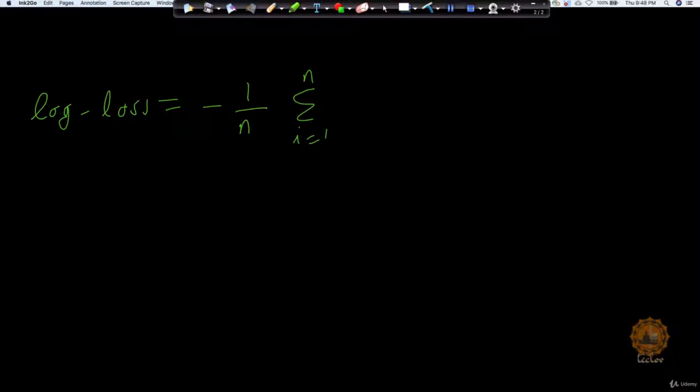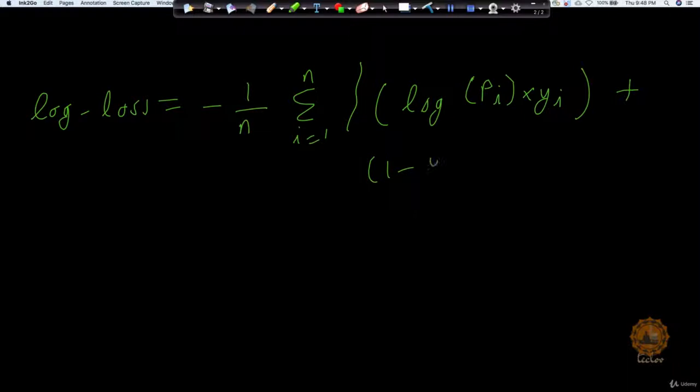And what I'm going to do in this case is take the log values. So I'm going to say log of probability, which is pi, which we got like 0.9, 0.4 and so on, into my yi. Basically this is my original output what we had. Now this is the first term, plus 1 minus yi.